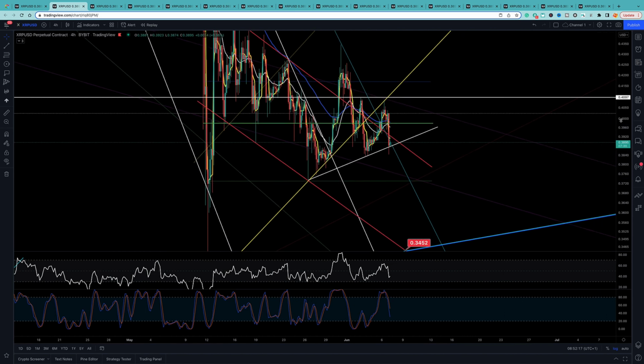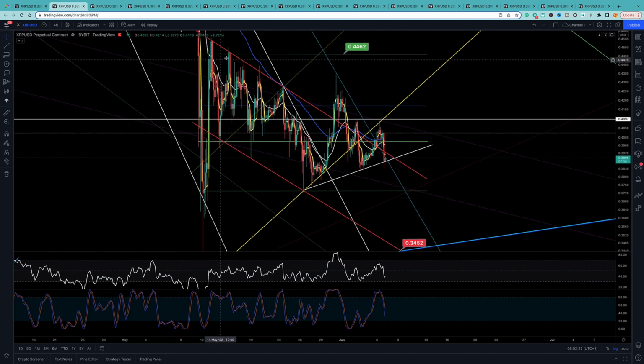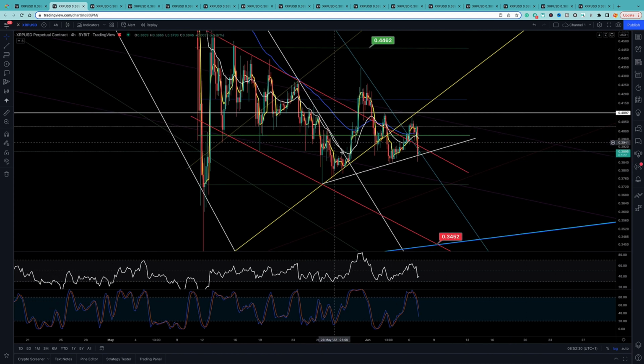So just as the story goes, here's the resistance of the red line, the channel here, travels to the white. Now it starts to travel up along the yellow line, breaking divergence with this white line here. Then you get the lift, breaks out of the red channel, only to come back into it onto the yellow line. It tries to break again and fails.